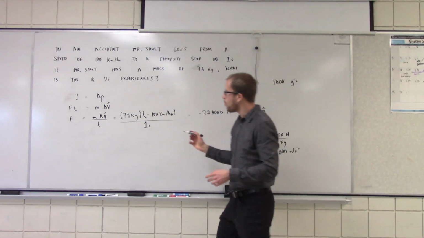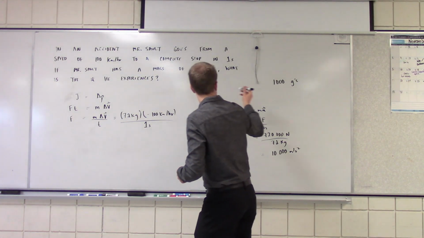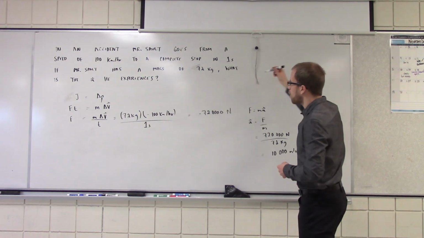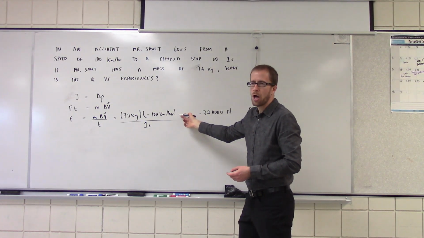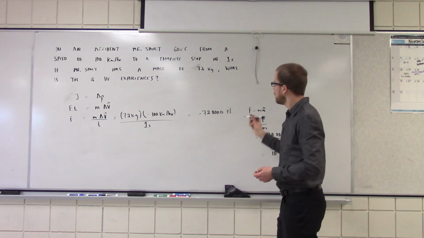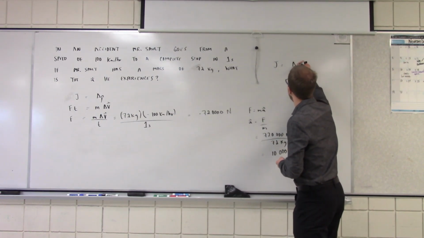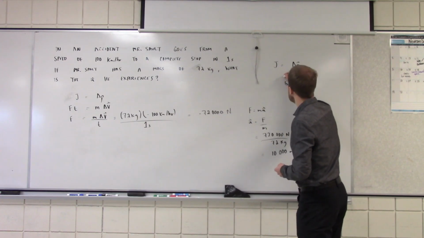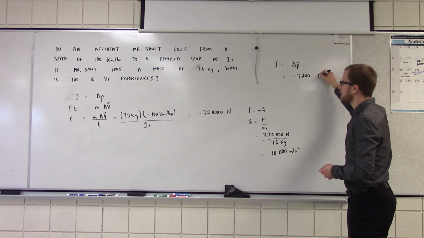Right? My change in momentum hasn't changed. If we look here, my change in momentum is 72 times 100 kilometers an hour, which is what? Negative 7,200 kilograms.